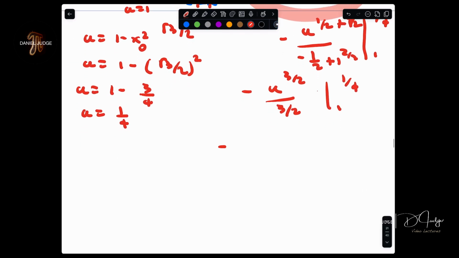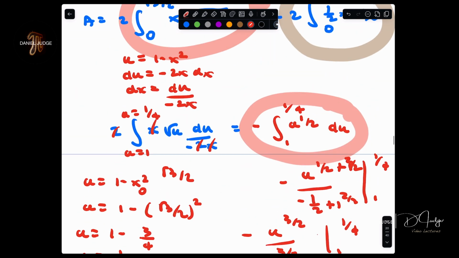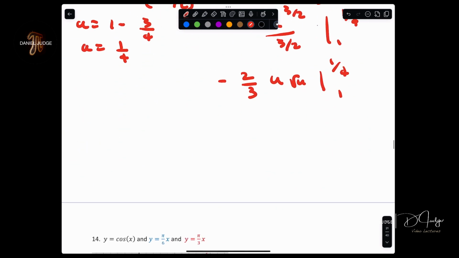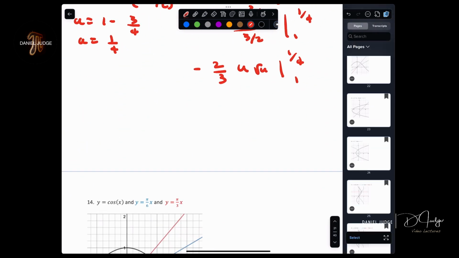So this is now going to be negative 2/3 u square root of u, 1/4 to 1. Now that's the first integral. It's not even the second integral. So this one's going to be some work.